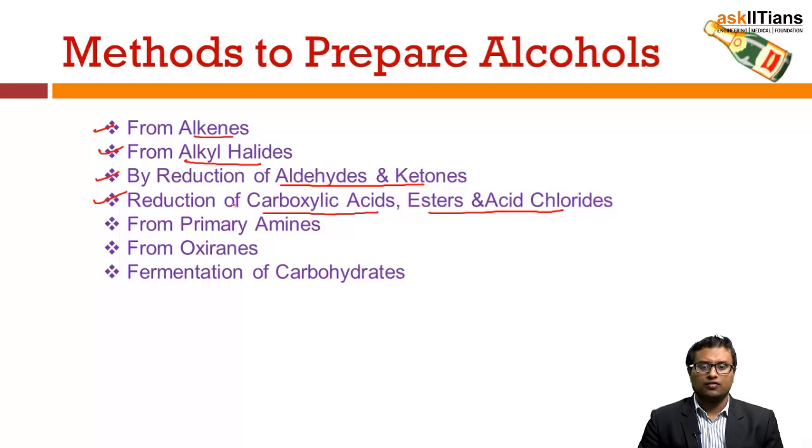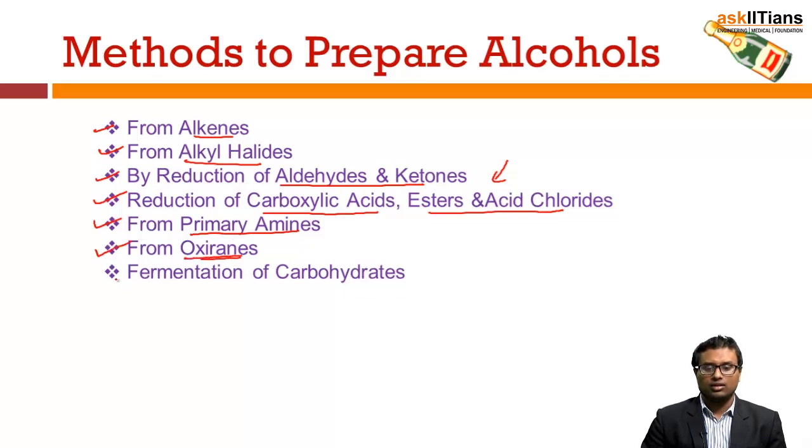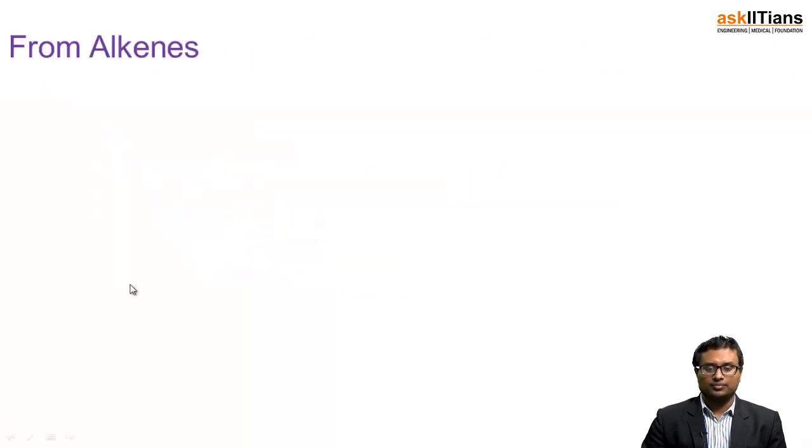So, reduction of carboxylic acids, esters and acid chlorides also gives alcohols. And not only that, from primary amines you can get alcohols, from oxiranes you may get alcohols, and from fermentation of carbohydrates. So, let us understand one by one.